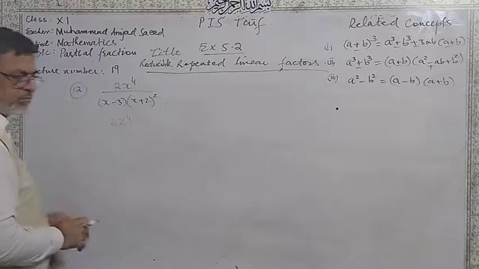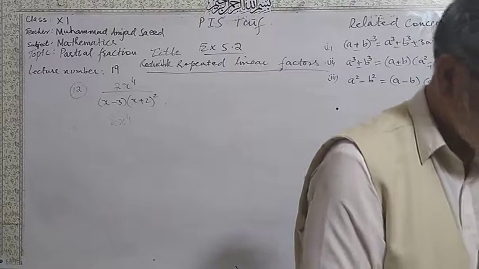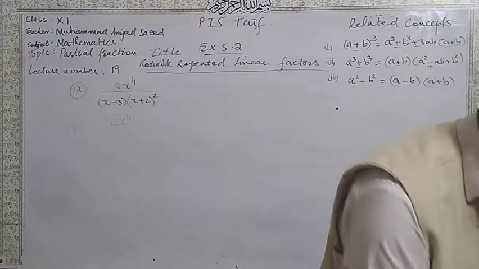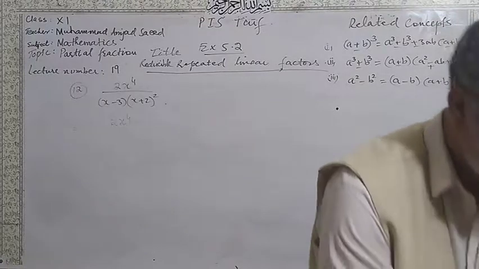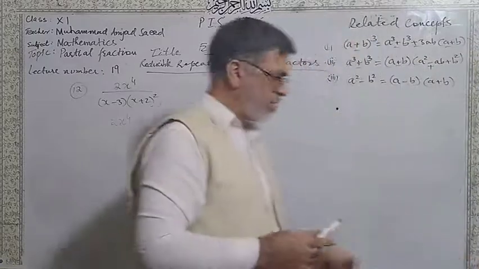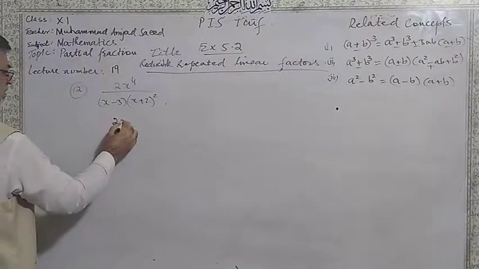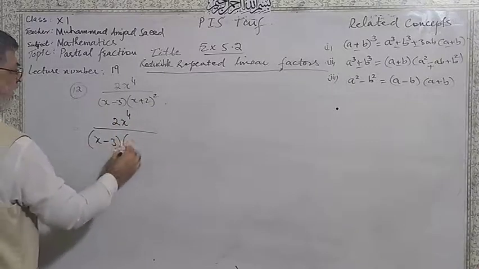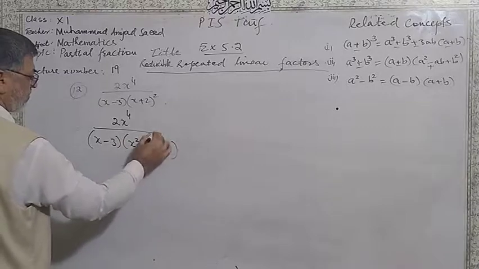This is 2x^4 over x minus 3 into x square plus 4x plus 4.